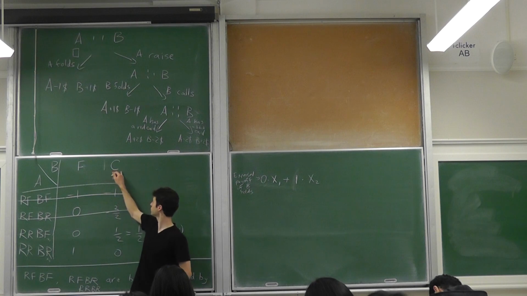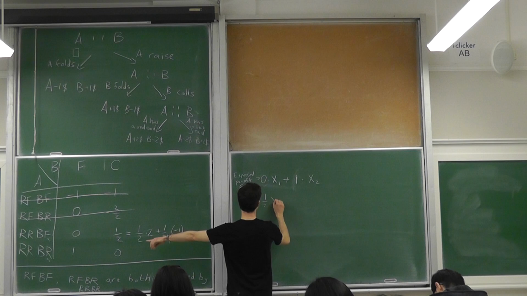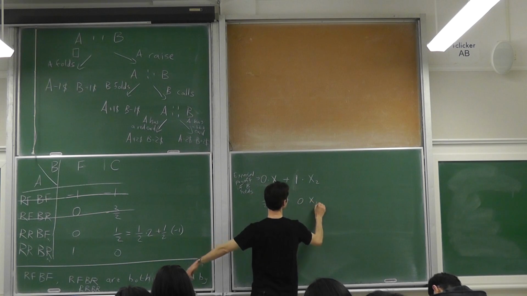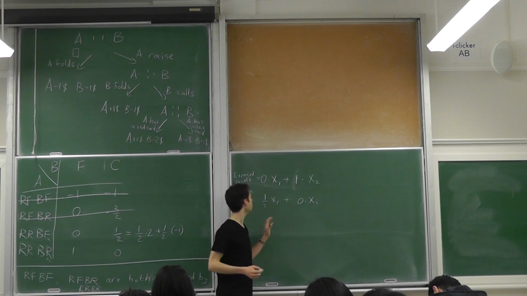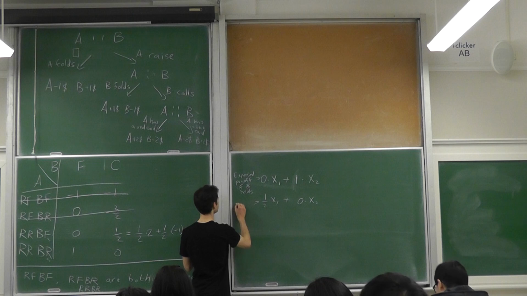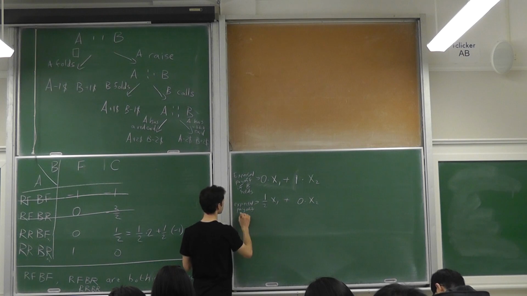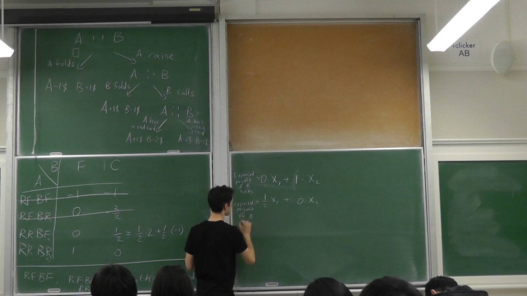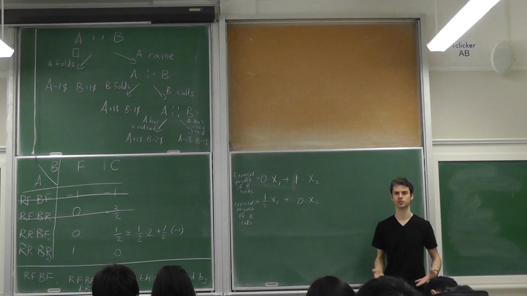Similarly, if the opponent calls, her expected payoff would be 1/2 times x1 plus 0 times x2. So that's the expected payoff. And now we want both of these numbers to be as large as possible.